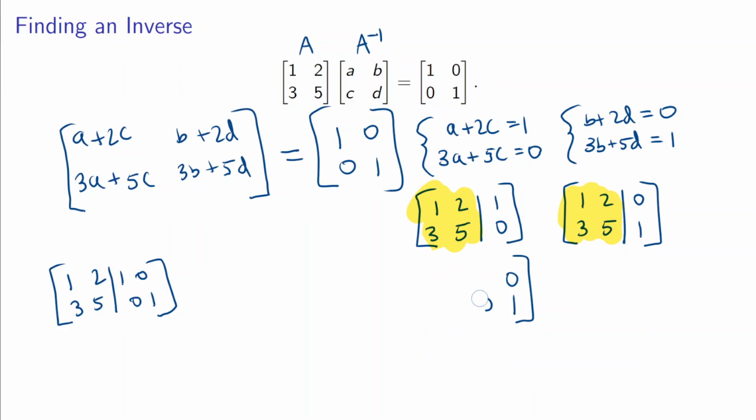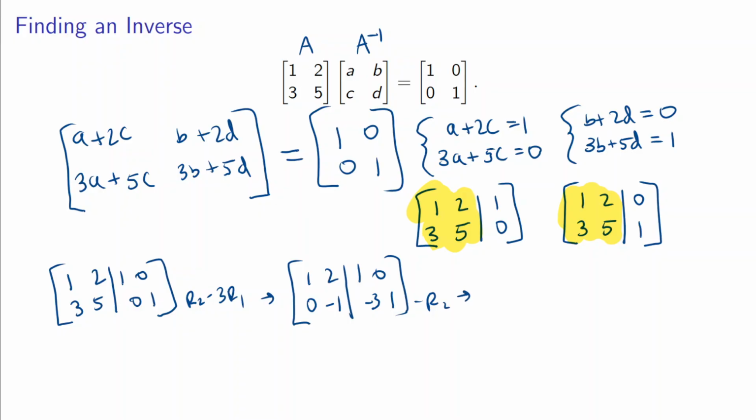We're going to go through our reduction algorithm now to solve these two systems of equations. We might start by doing R2 minus 3R1. So we'll have a 0, 5 minus 6 is a -1, -3, 1.